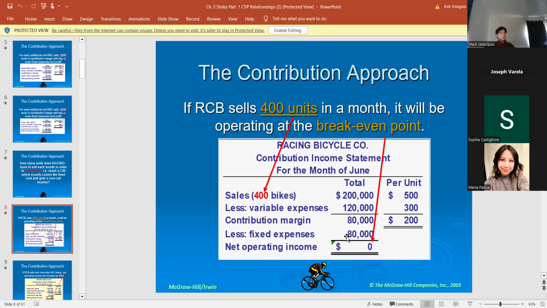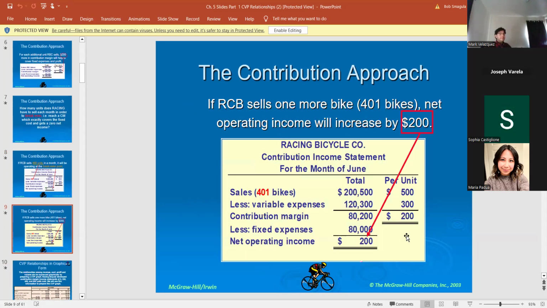So this company makes no money until it sells 400 bikes, at which point their net income would be zero. Break even point. Wow, what did I just tell you? You sell one more bike, and now you're making money, $200.